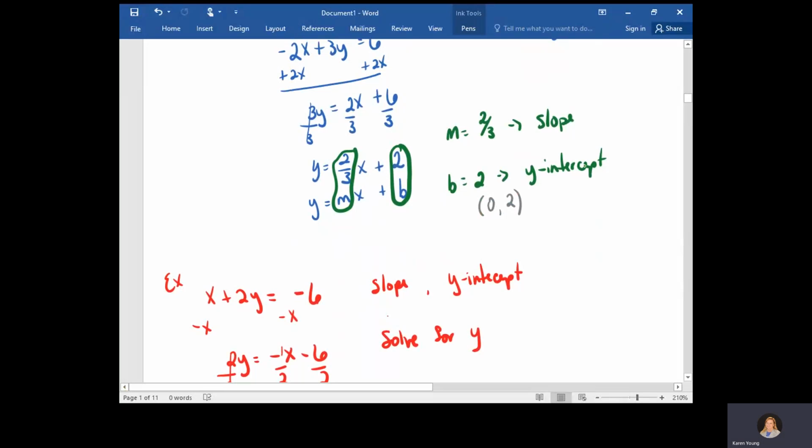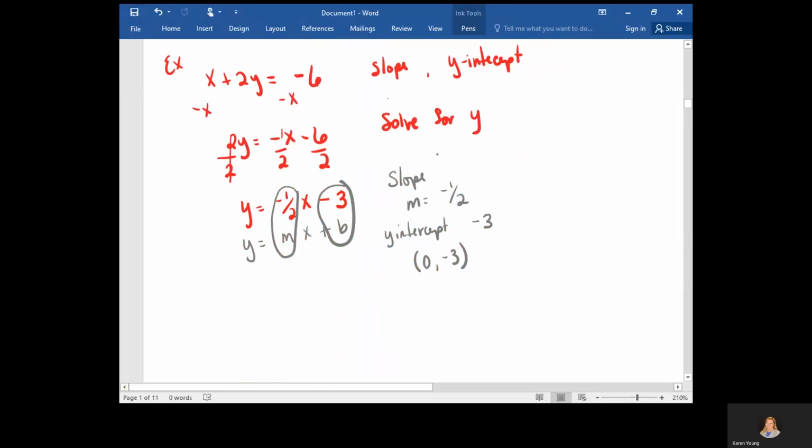So your y-intercept is always 0 and B. So this is taking your equation and finding your slope and your y-intercept.